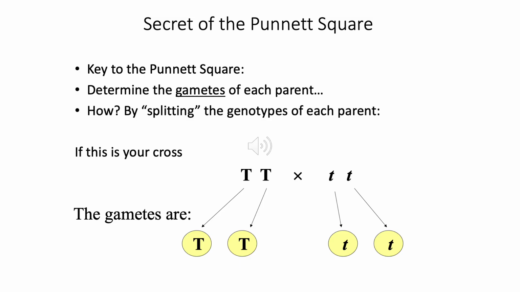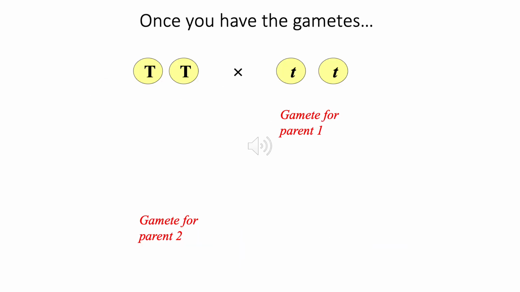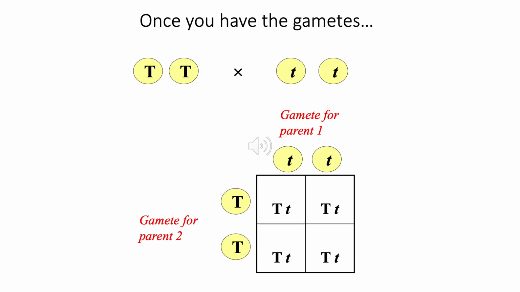So if this is your cross, then you split the genotypes so that you can produce the gametes from each parent. Now that you have the gametes, you can cross the gametes of parent 1 and parent 2, and you can predict the possibility of the offspring for that particular crossing.